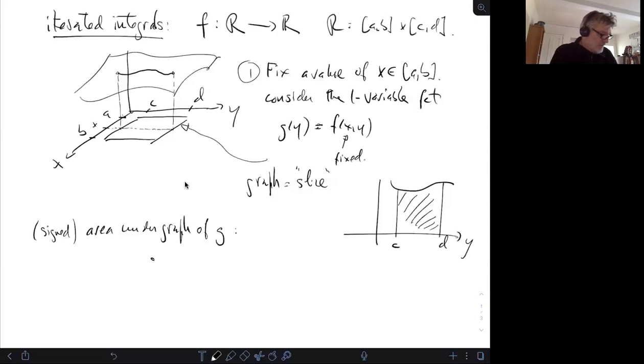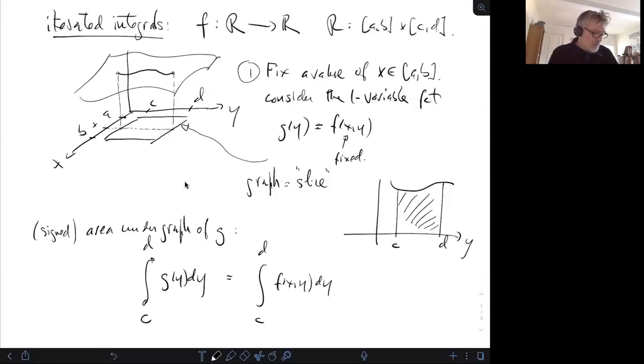So what do I do? That's easy. Integral from c to d of g of y dy. Now what is g of y? This is f of x, y. x is fixed. Again, I repeat, we just chose a value of x. You look at that slice, and we're computing this area.